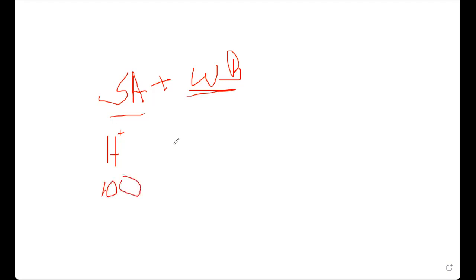On the other hand, we have a weak base. Weak bases never completely dissociate into their ions. For example, this weak base is ammonia. Ammonia is a weak base which can accept H plus ion, and that can give you OH negative ion also.